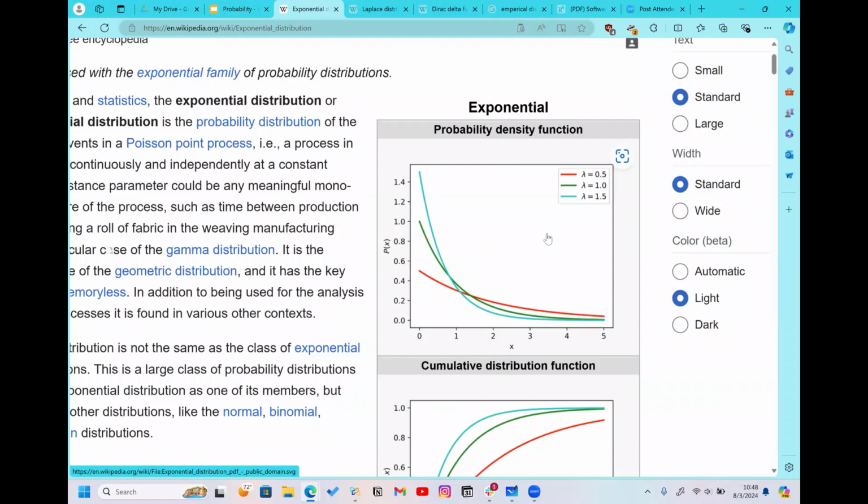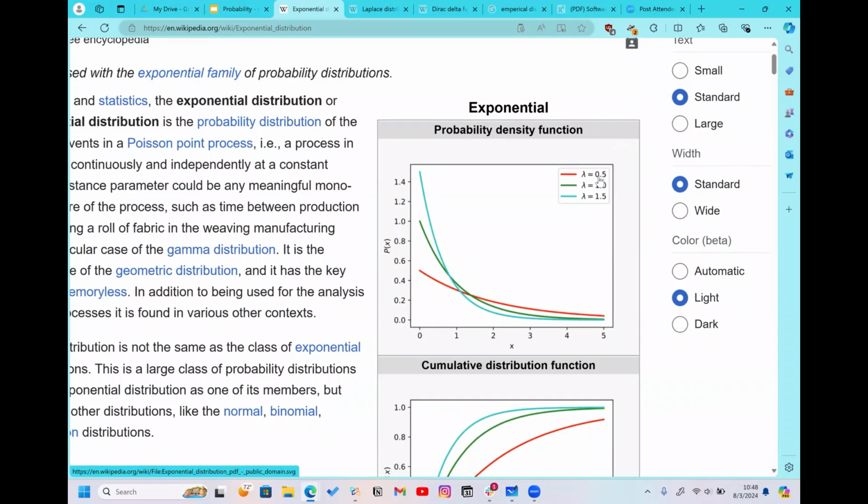So it's an exponential distribution, and lambda is nothing but the rate at which the event is happening. So these are three different events happening, and then we can compare them based on their exponential distributions. It basically tells the time until which an event happens for each of these.